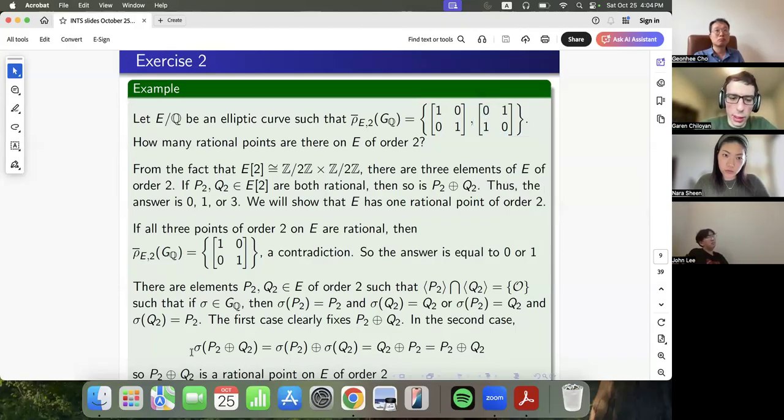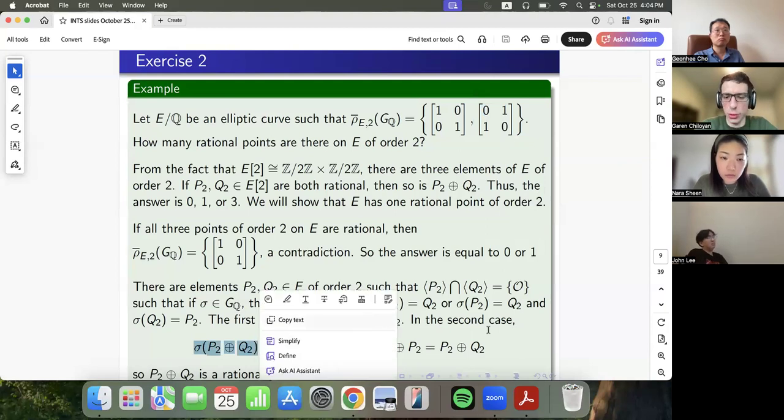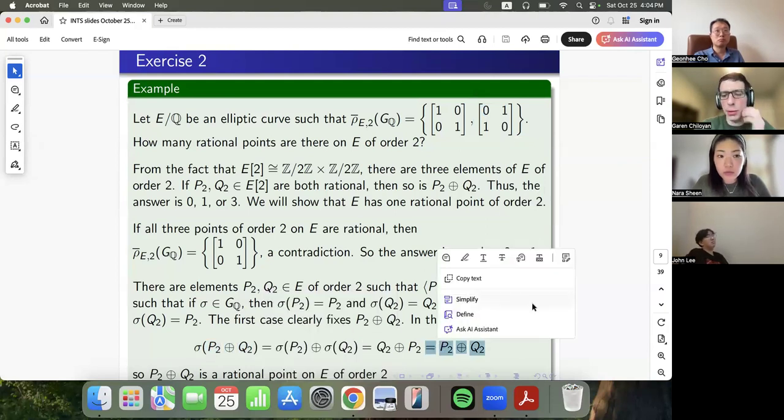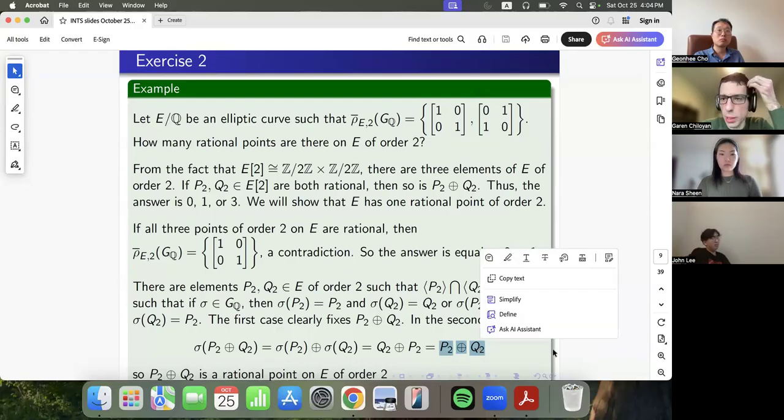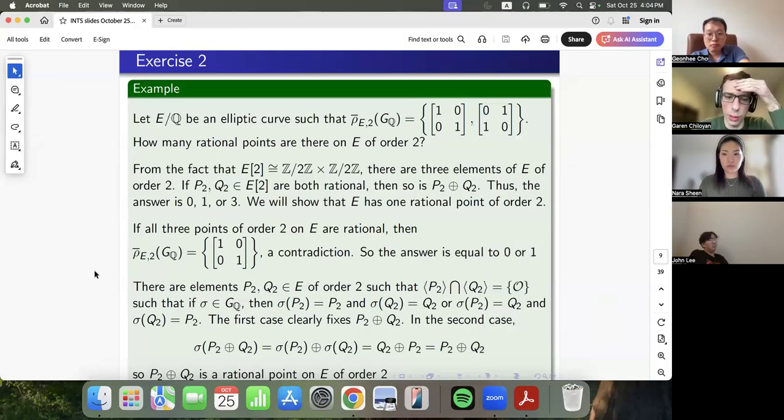So what did I say? I said sigma of P2 plus Q2 is exactly equal to P2 plus Q2, meaning all Galois automorphisms fix the element P2 plus Q2, meaning P2 plus Q2 is a rational point on E of order 2. The answer is equal to 1. There's a single rational point on E of order 2.